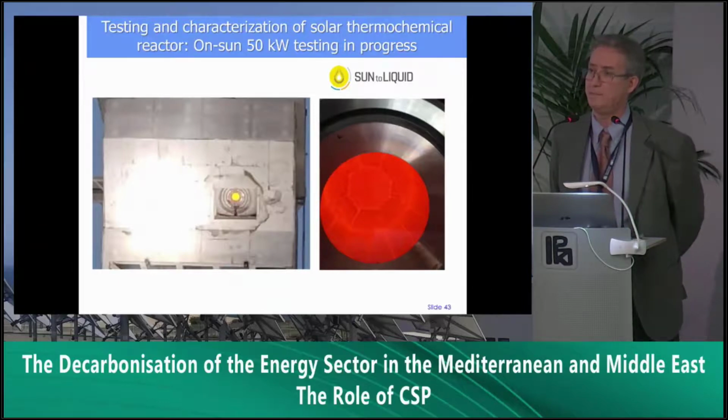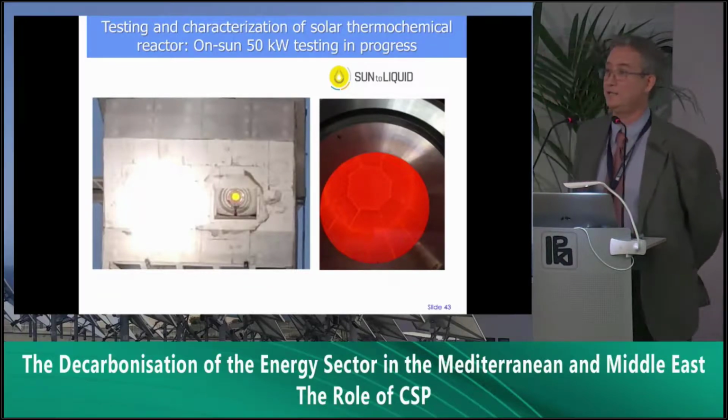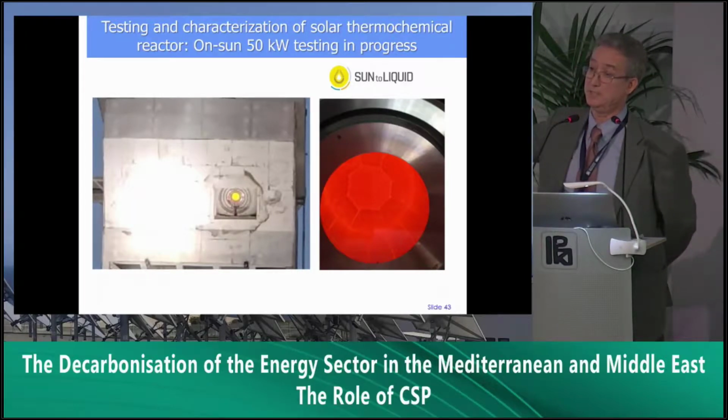Do you think that is doable for industrial application, this cycling every half an hour, for example? Do you know any industrial reactor? This is one of the discussions in the process. Normally, in this kind of cycles, in some projects like Sun to Liquid or Hydrosol, there are a number of reactors, and what you are doing is charging and discharging.